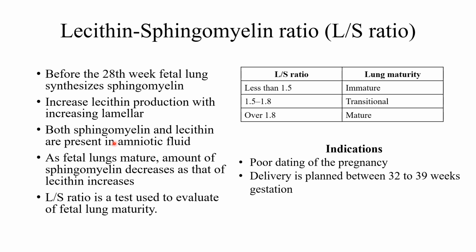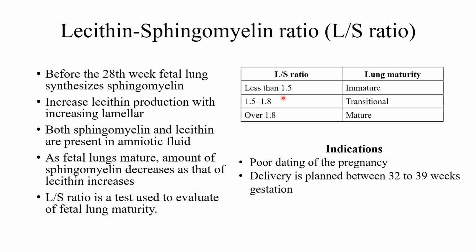So through amniocentesis, a sample of the amniotic fluid can be taken, and through chromatography we can measure the amount of sphingomyelin versus the amount of lecithin. So the LS ratio is used to evaluate whether the fetal lungs are mature.